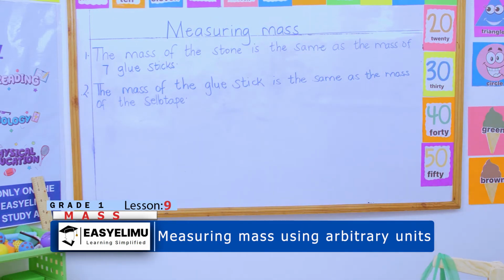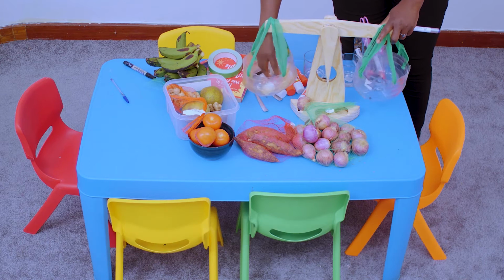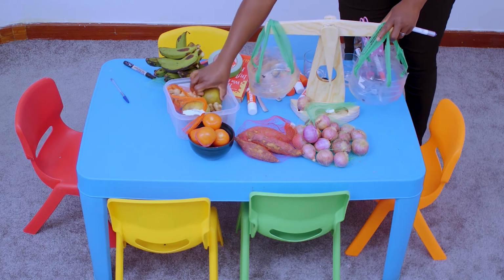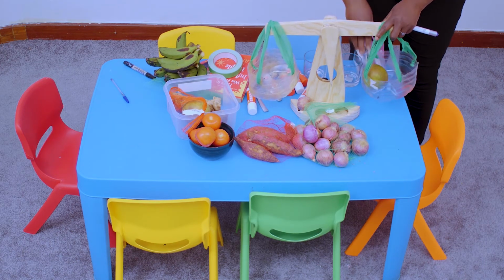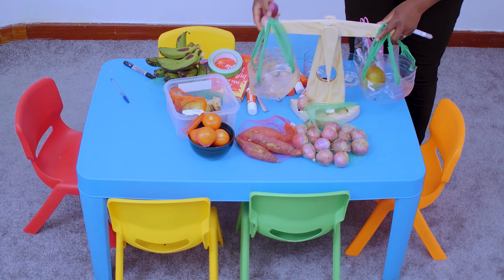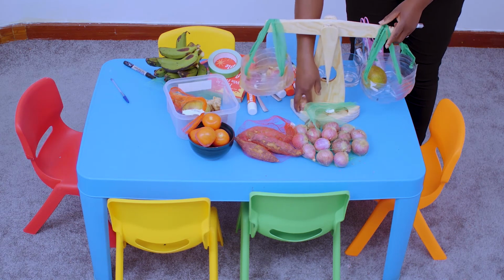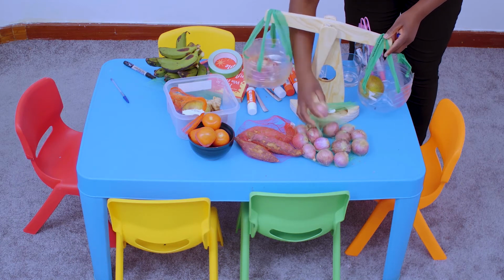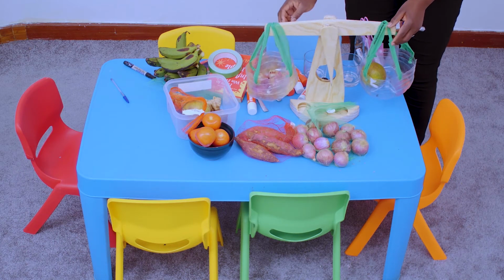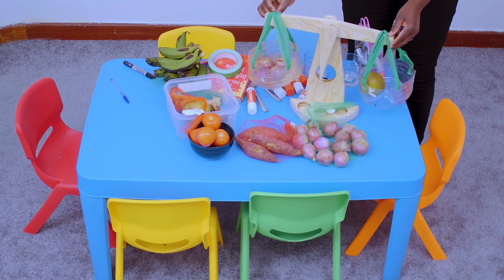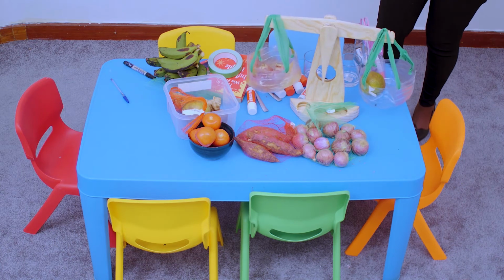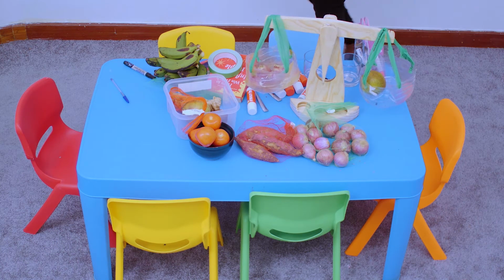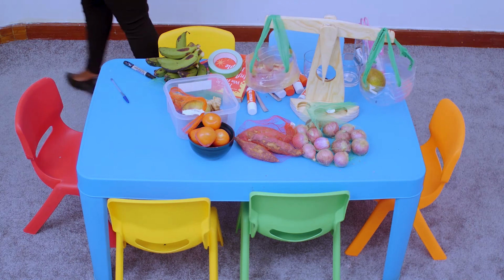Now let's see. How many onions are equal to this orange? Let's see. Let's weigh the mass of the orange using the onion, still heavy. Using the onion, good. So how many onions weigh the same as the orange?